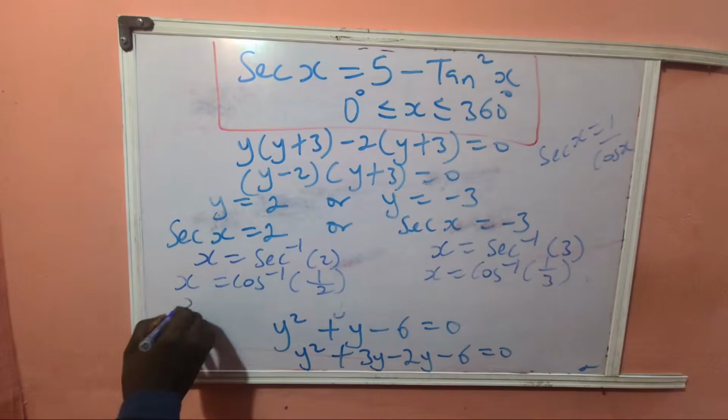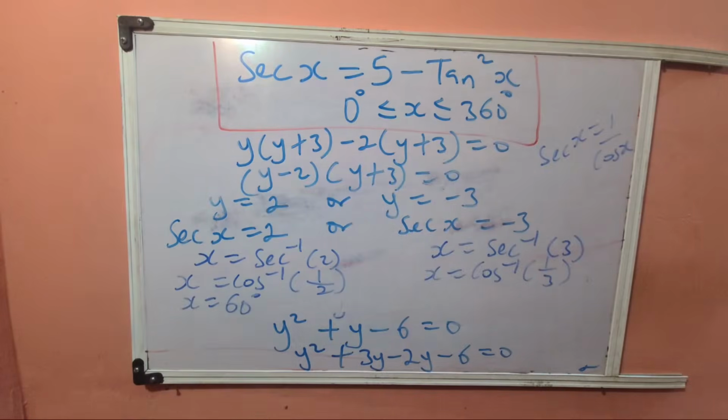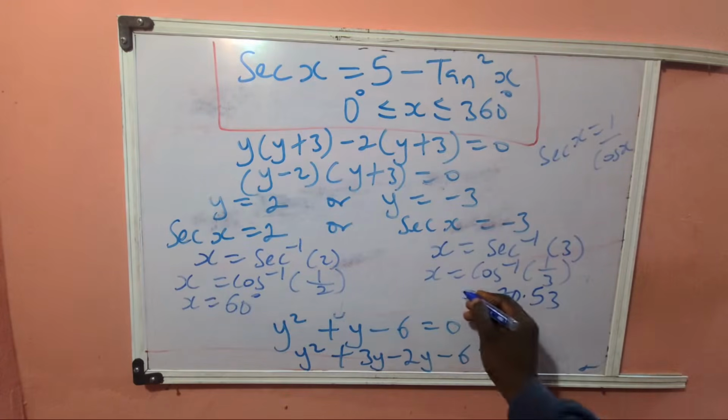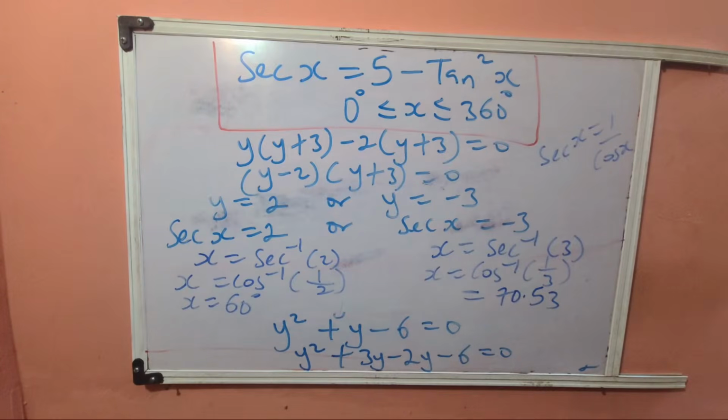So x here is equal to 60 degrees. And for this other side, that's 0.333, 1 over 3. So what is arc cos of 0.333? You'll be having 70.53. That's nice. All right. So what do we do next?